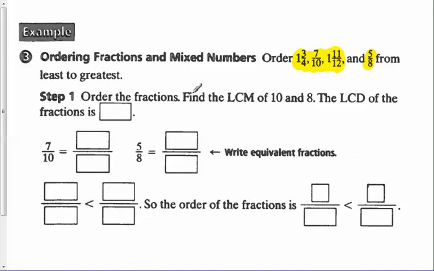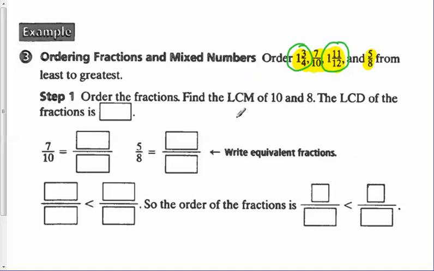Looking at them, I can already tell that my fractions that have whole numbers are already going to be greater than my 7/10 and 5/8. So we're not going to look at those yet. We can compare those later. So right now, let's just compare our 7/10 and our 5/8.